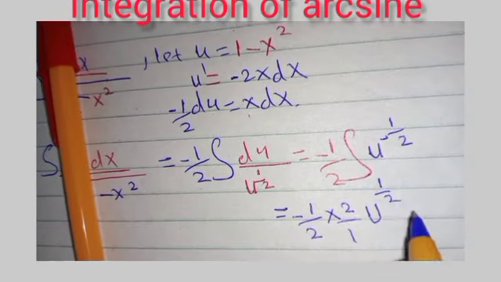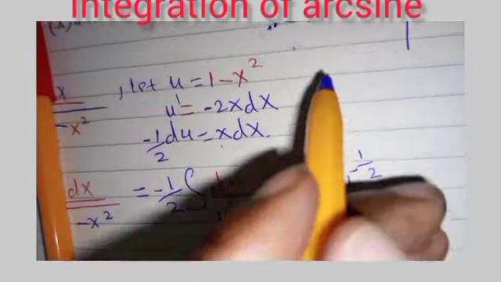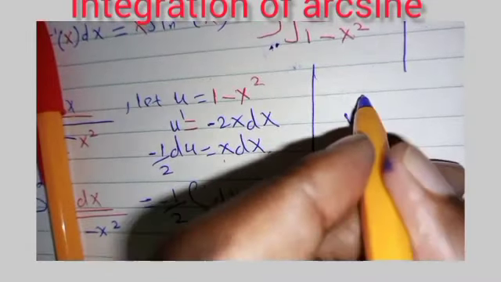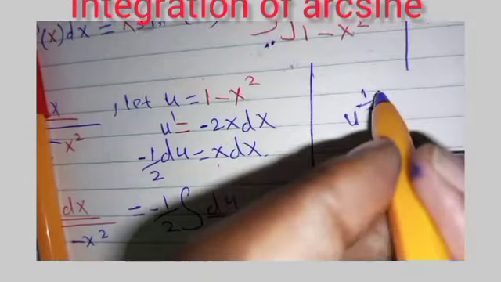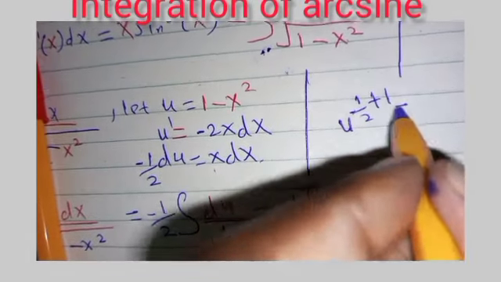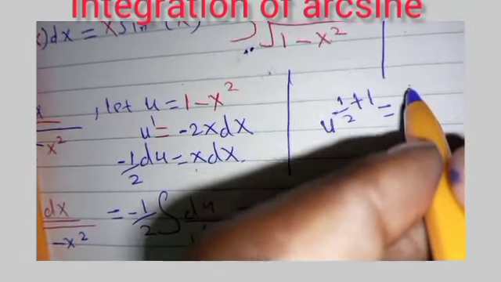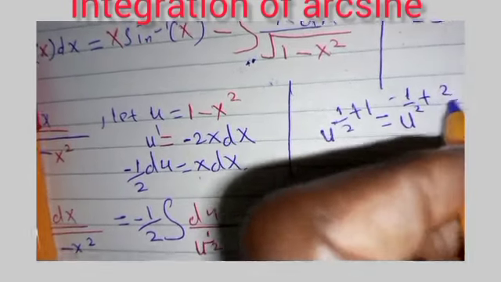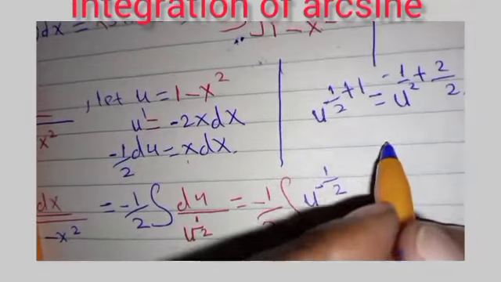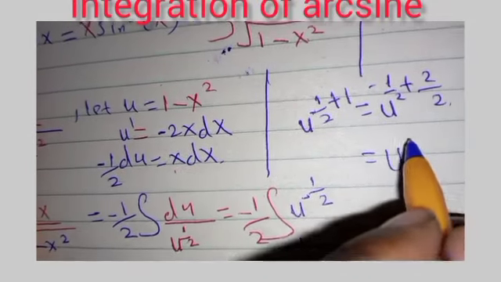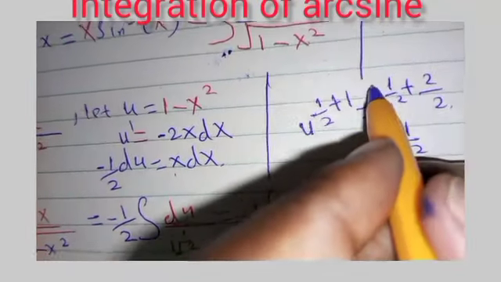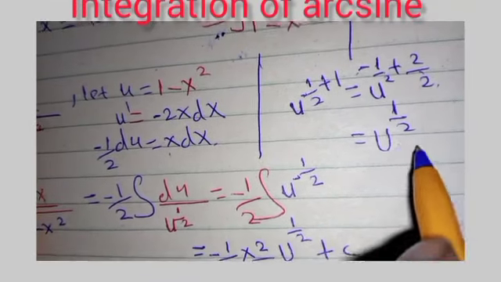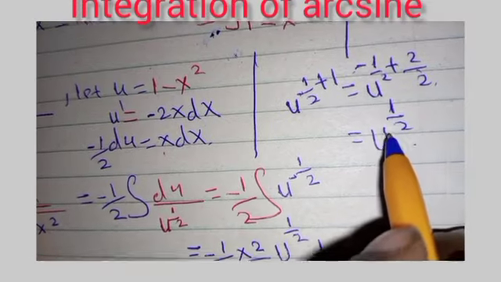So the result will be negative 1 over 2 multiplied by 2 over 1, u power half, plus constant c. What I've done here is very simple. You have u power negative half. Integration says add 1 to the power. Negative half plus 1 gives u power half. Negative 1 plus 2 is 1 over 2, so we divide by the reciprocal of half.